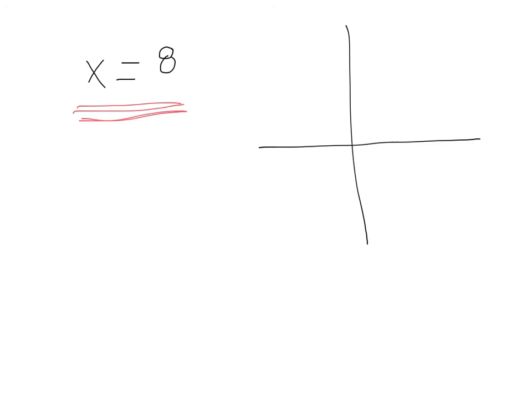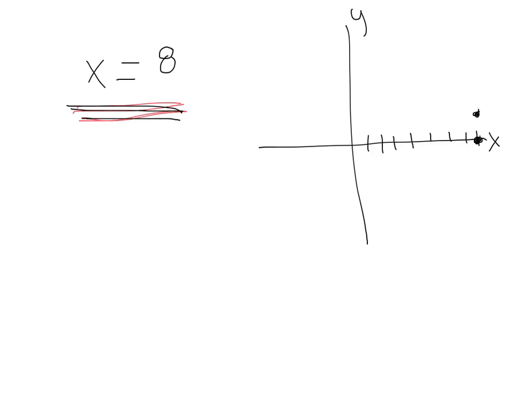Okay, humans, sometimes the equations are really hard to graph, or to think about at least, initially. But you'll see how this makes sense. x is equal to 8. Well, I guess there's no arguing with that. If we're told that x is equal to 8, that means that the value for x on your graph must be 8. So here's the value, x being 8, and I guess x must always be 8. Where is x also 8?